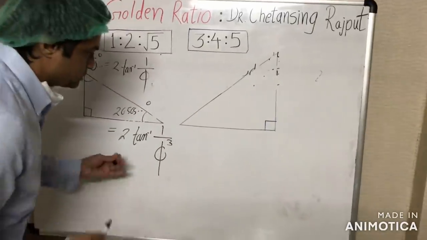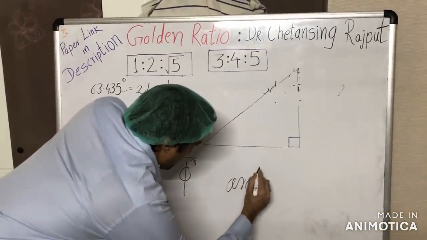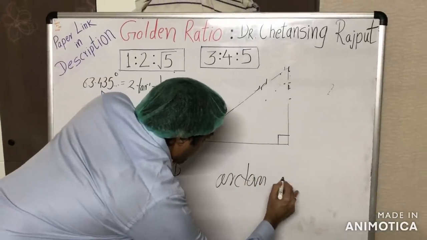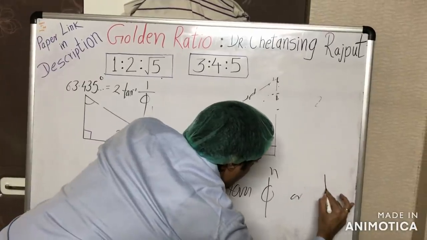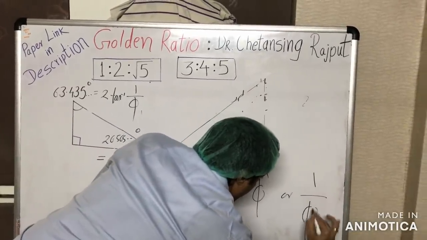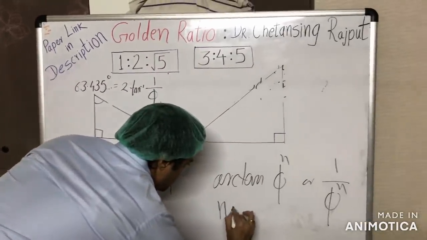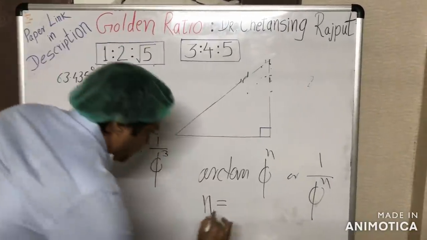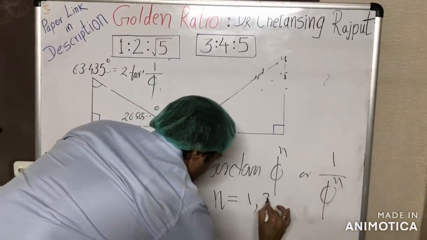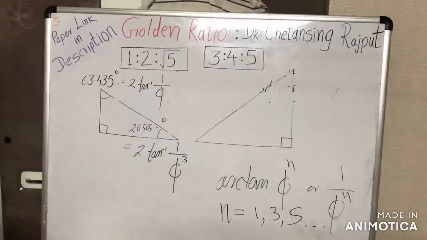All acute angles can be expressed in terms of arctangent of phi raised to n or 1 upon phi raised to n. And n is equal to odd powers of the golden ratio, like n is equal to 1 or n is equal to 3 or n is equal to 5 and so on.